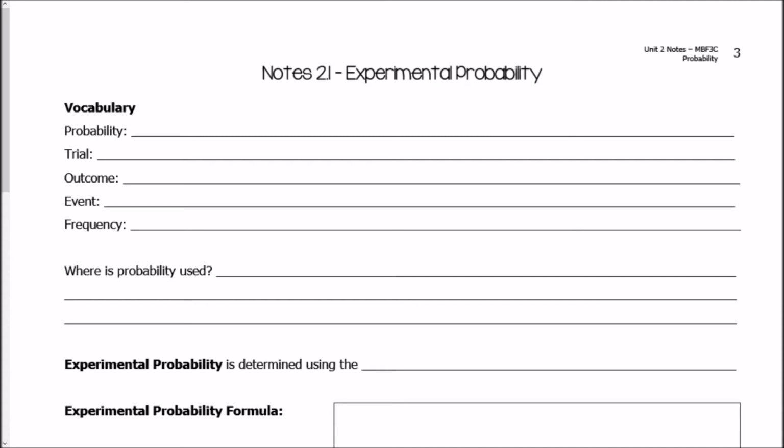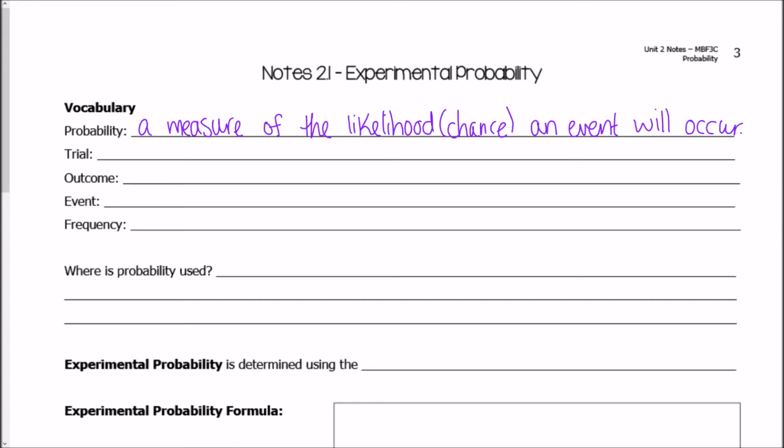The first thing we need to do is actually define what the word probability means. And probability is just a measure of the likelihood. In other words, a measure of the chance an event will occur. Okay.